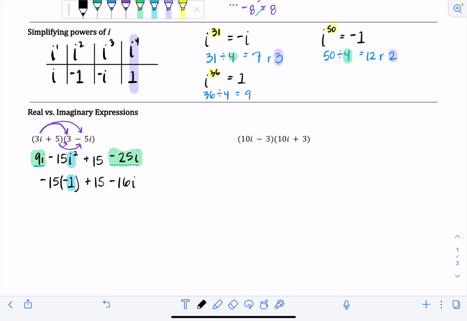And then from there, I can just go ahead and multiply -15 times -1, which is a +15, plus 15, minus 16i, and then I can go ahead and just add the 15s together. So 15 plus 15 is 30 minus 16i. And then this would be considered an imaginary expression, or a complex expression, because it has i in its answer. So this would be considered complex.